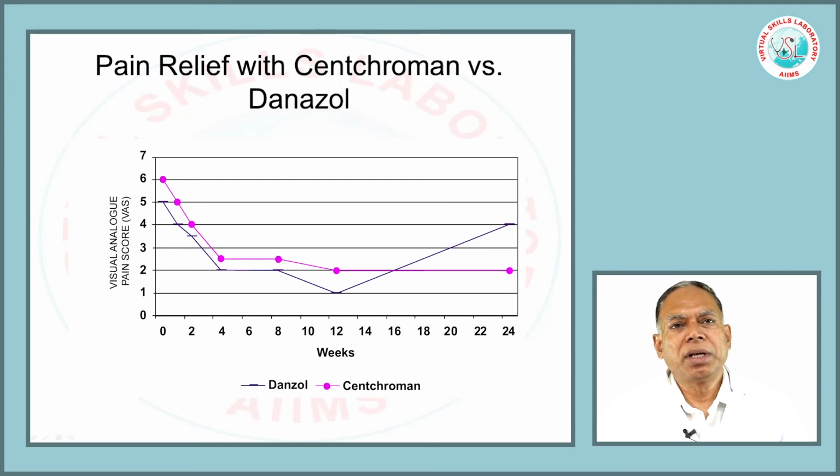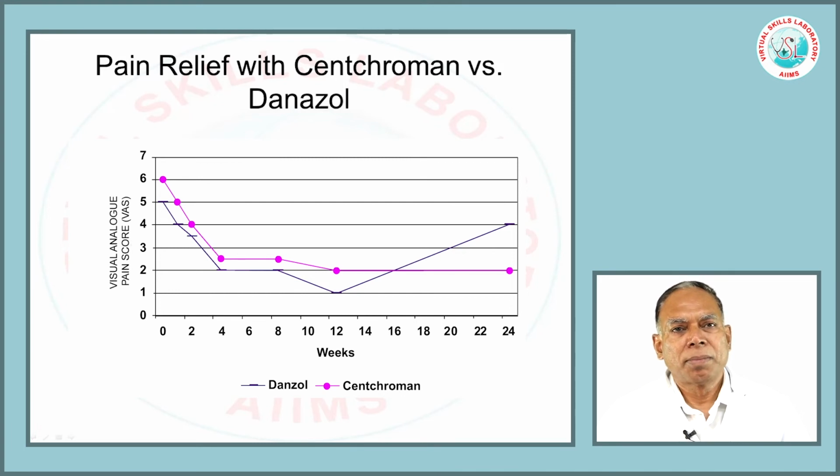So, after initial administration, within 4 weeks period, women in both the groups achieved significant pain relief, as demonstrated by visual analog pain score depicted on the vertical y axis here as a scale of 0 to 7. The maximum pain seen in this group of women was near 6.